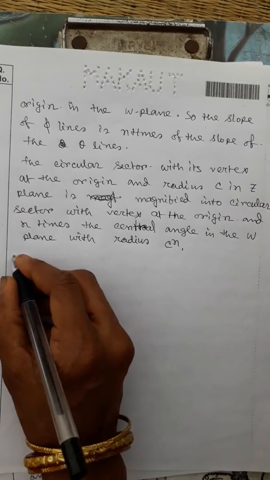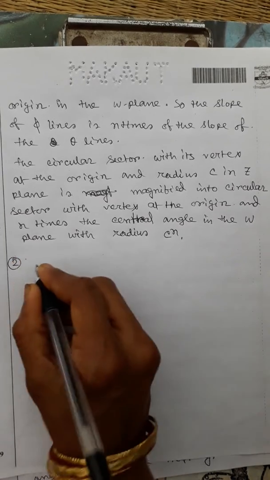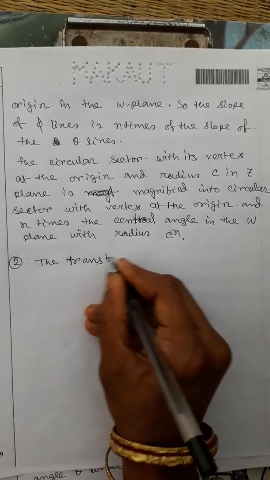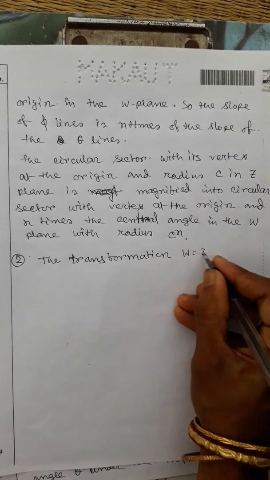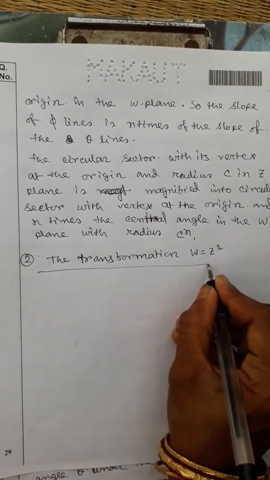Now the second transformation is the transformation w = z².